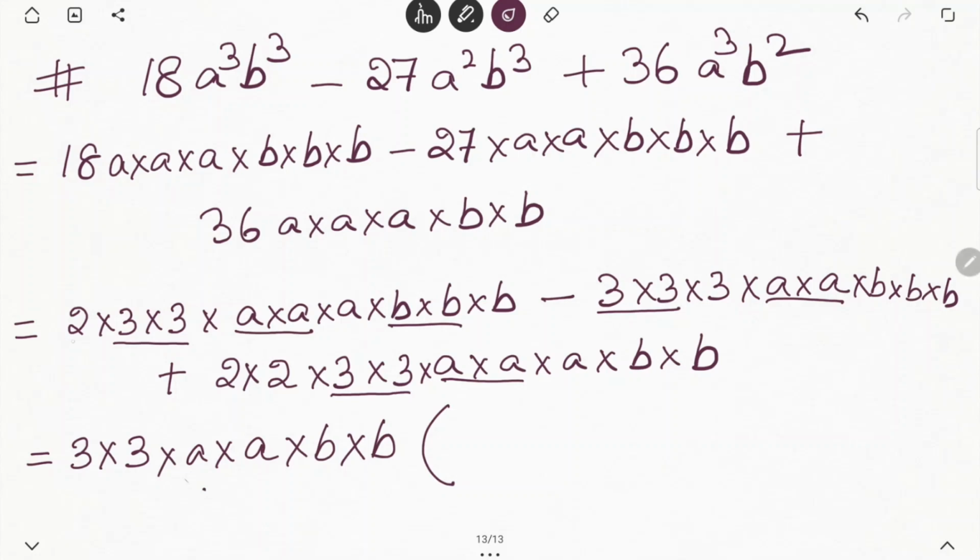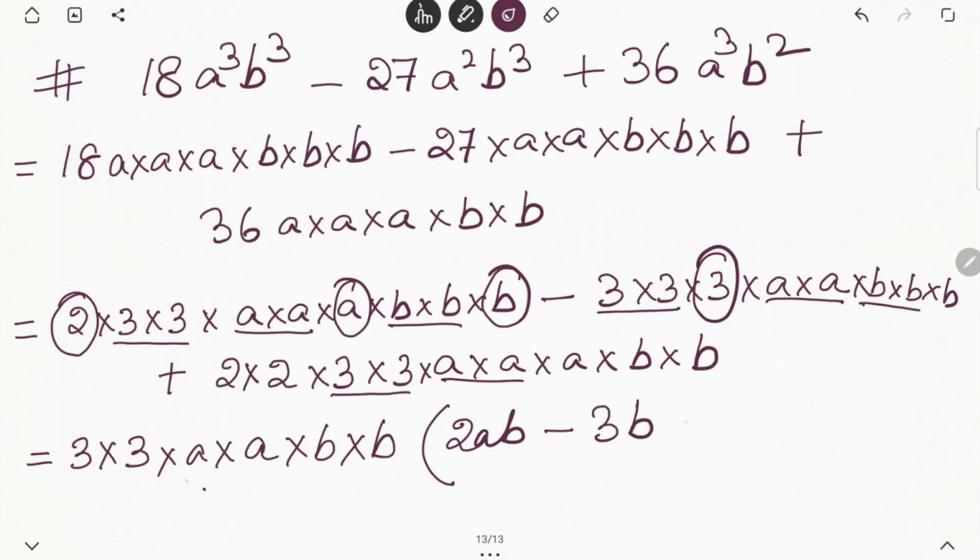So what is left in the first term? 2 is left, a is left, and 1b is left. So I can write it as 2ab. I put the minus sign. In the second term, what is left? 3 is left and 1b is left. So I can write this as 3b. And from the third term, what is left behind?